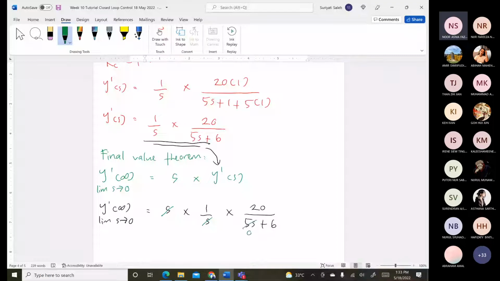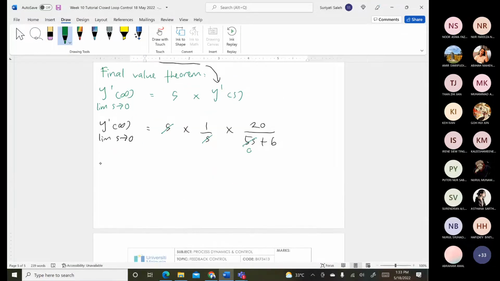So you have 20 over 6. In other words, in this case, y prime infinity equal to 20 divided by 6. You get 3.33. So this is the value of your y when Kc equal to 1 at time equal to infinity.